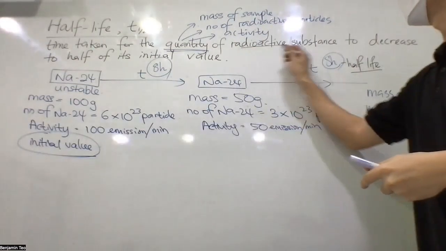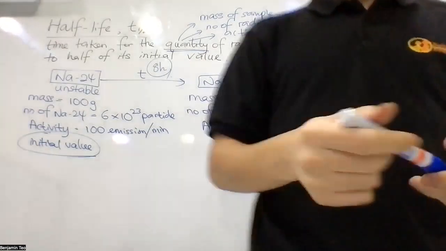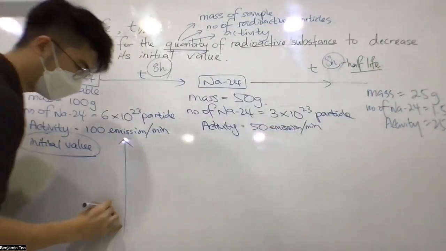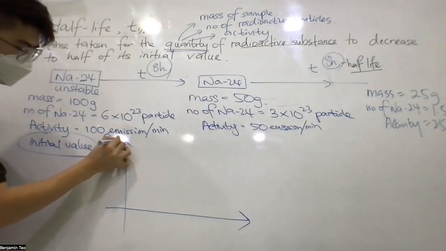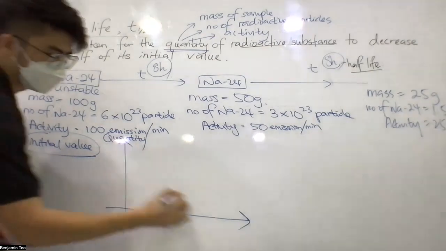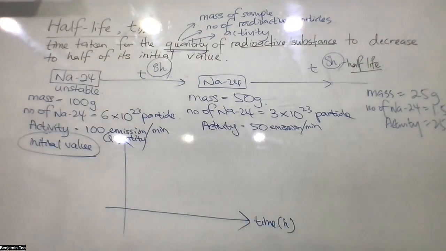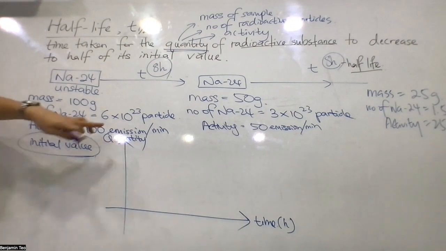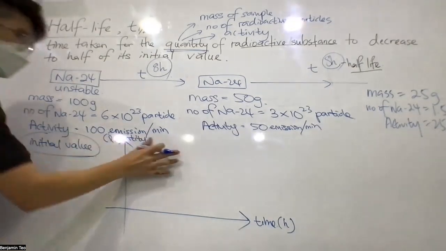Any radioactive substance. If we keep plotting this, I plot it in a graph. Usually in this part, you'll get a graph of quantity against time in hours. Quantity can be in three forms, so sometimes in your graph you see sodium atoms, sometimes mass, sometimes activity.